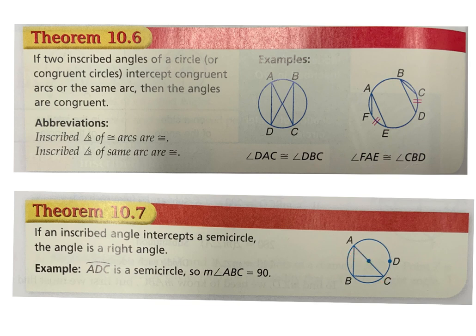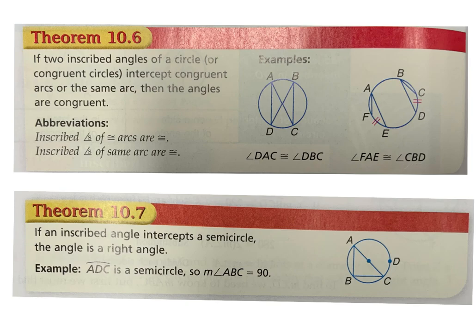So if the endpoints of my angle hit the diameter, then that angle is a right angle, always. It's always true, okay? So we're going to use that with this next example.